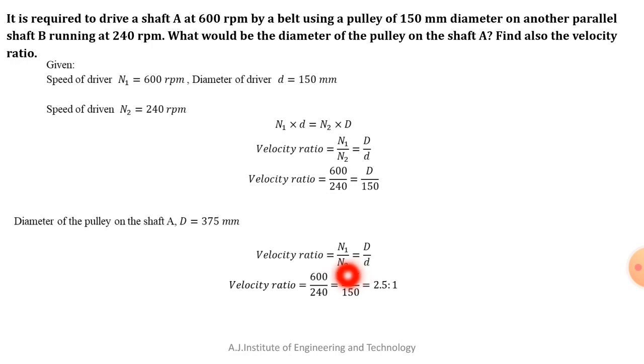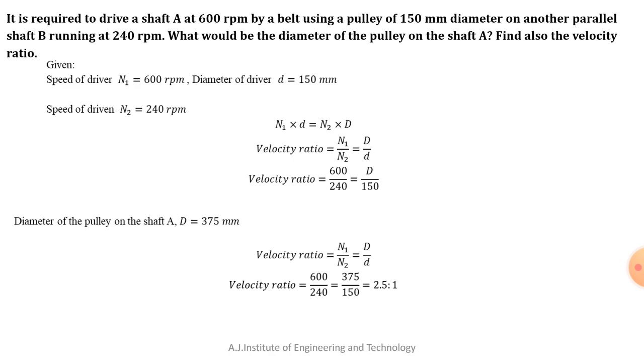So you can find out 600 divided by 240, so you will get 2.5 is to 1. So this is the velocity ratio for the given problem. Similarly you can find out based on diameter also, that is 375 divided by 150, so you will get 2.5 is to 1. So this is about the second problem.